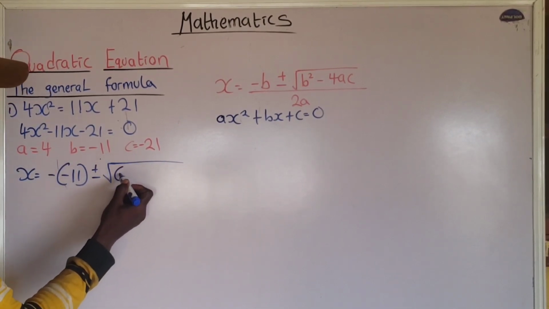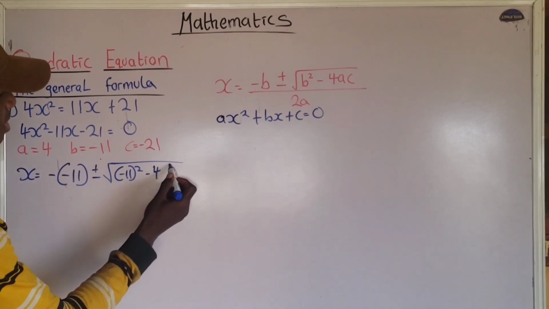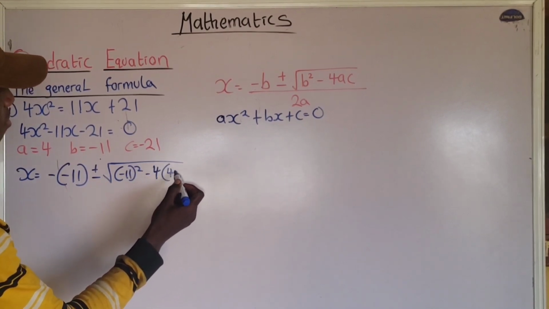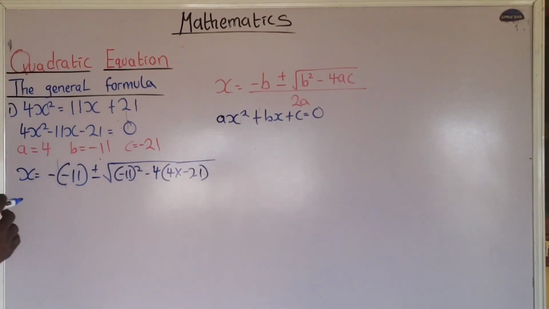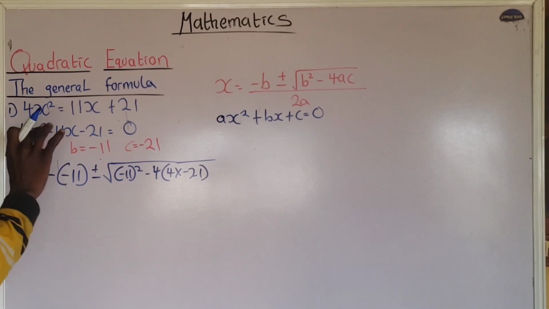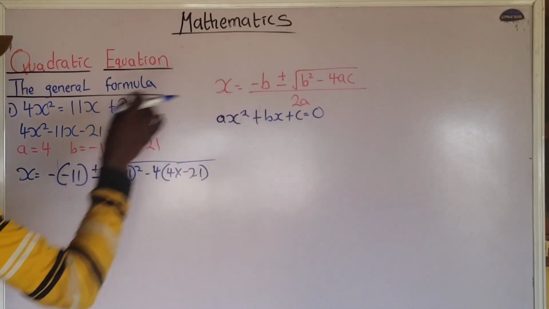B is negative 11, so I'm going to have negative 11 squared minus 4 multiplied by negative 21, because C is negative 21, and A is 4. See, all this is simple. All I did is substitute the values of A, B, and C into this quadratic formula.